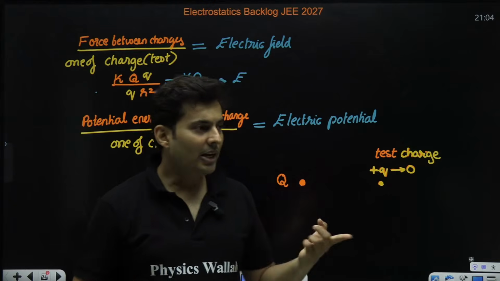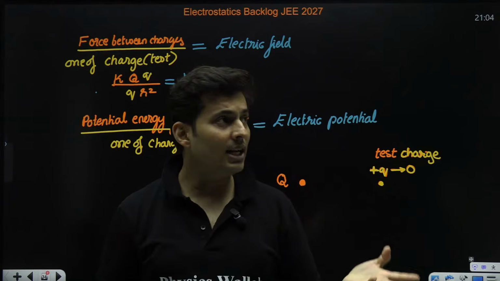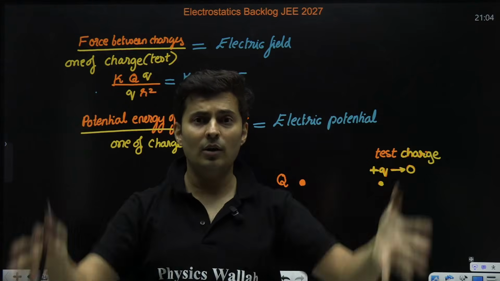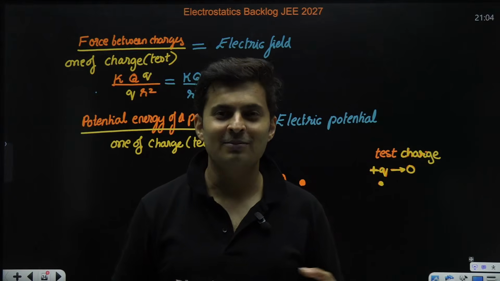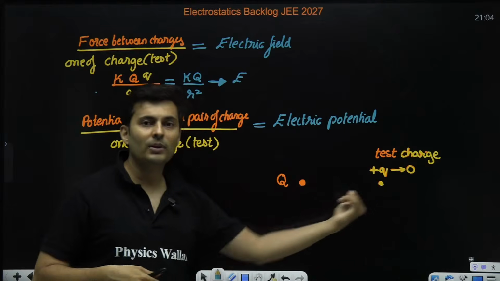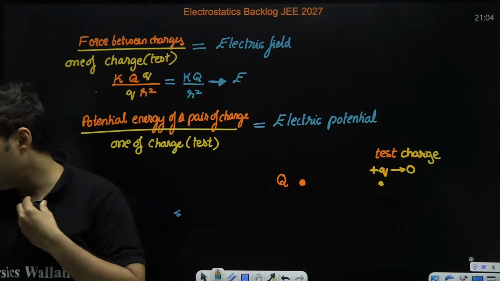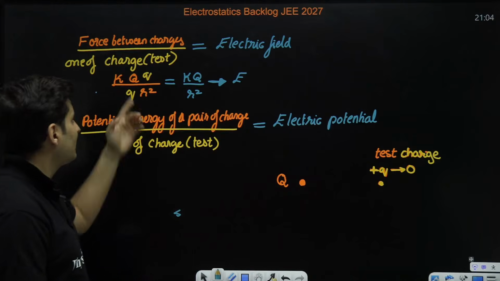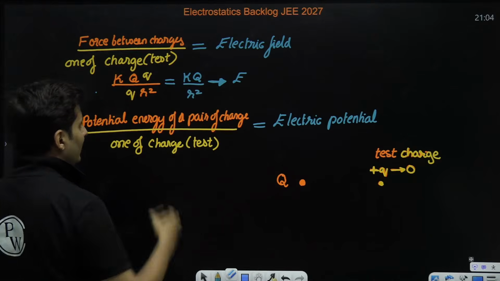When you are trying to measure the voltage in one socket, you put a voltmeter and you realize the moment you put the voltmeter, the entire house burns down or all the appliances stop working. Then what are you testing? So when you test something, it should not affect the original system. So that's why you take a very, very infinitely small test charge. Got it? So that is the reason why we divided with that infinitely small test charge value, and that's how I get the electric field.